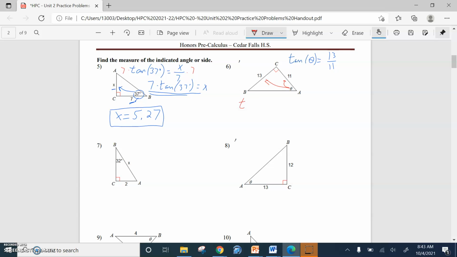Just like we undid dividing by 7 in number 5 by multiplying, their opposites. Dividing, you cancel by multiplying. We need to undo taking the tangent of theta. And in order to do that, we take arctan, or tan to the minus 1, is what it looks like. So we take the tangent inverse of tangent of theta.